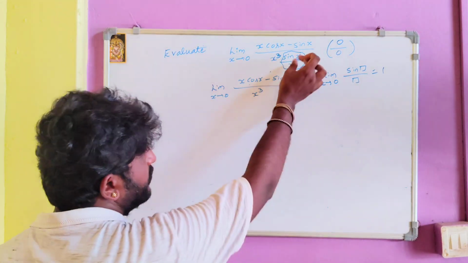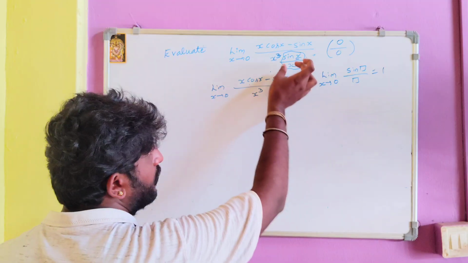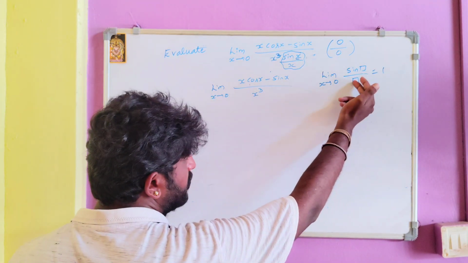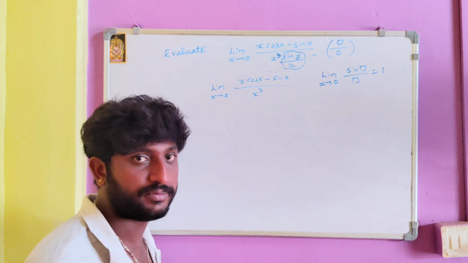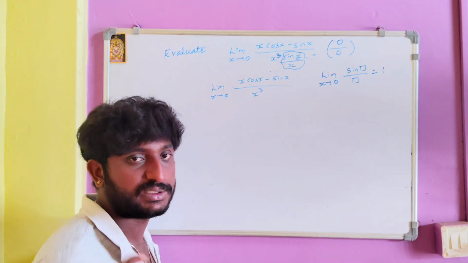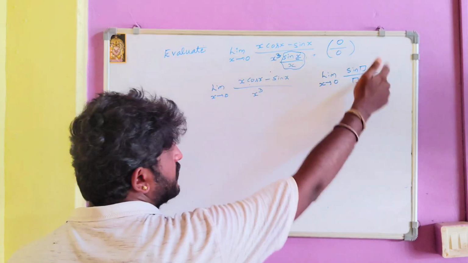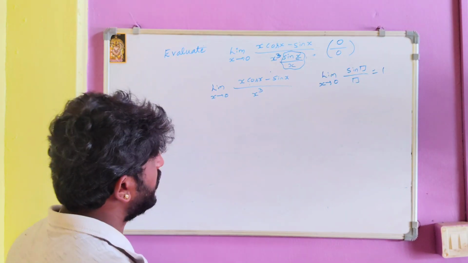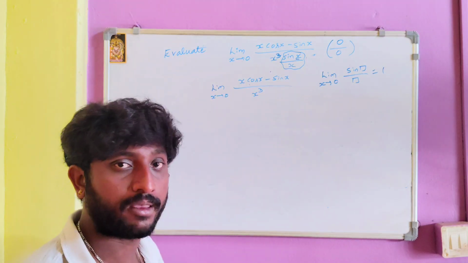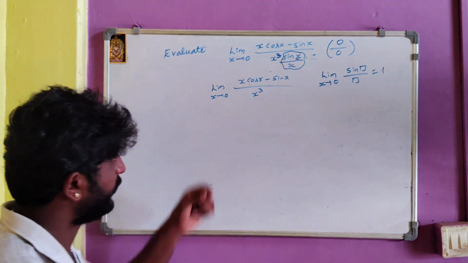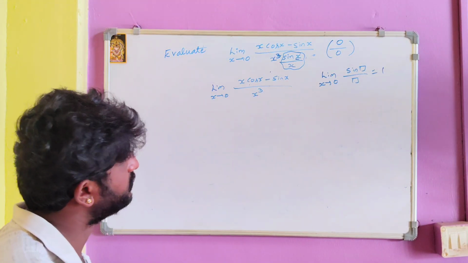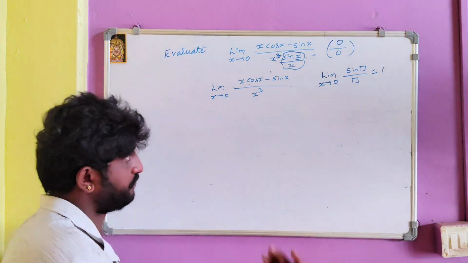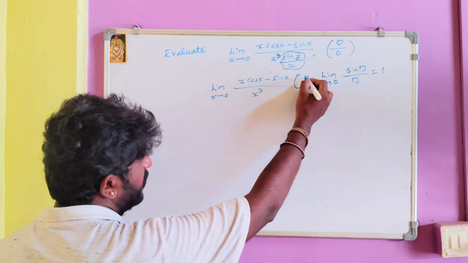Because x becomes 0, this value also 0, both are approaching 0, so we can replace this with 1. Here I replaced 1. If you want, we can further simplify this. Otherwise, if you apply again you get 0 by 0 only.